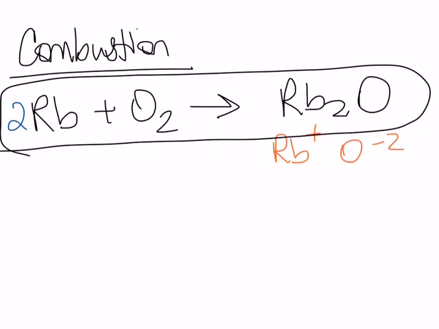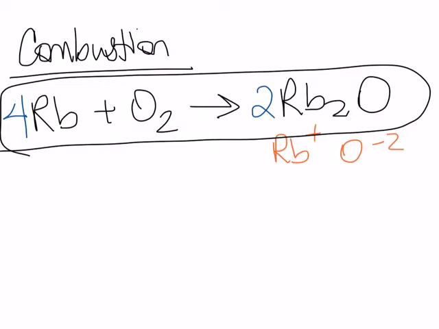We're going to need 2 oxygens and actually 4 rubidiums. There we go. So this looks just like a synthesis reaction. Just have to make note of the fact that you have to take each individual element separately and think about them separately.